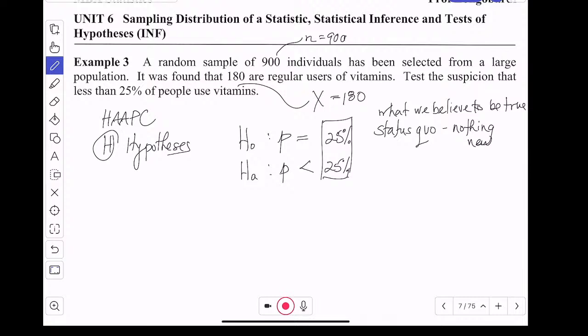Now my options here are either not equals, which would be no difference, less than, or greater than. So I picked less than. That was my choice.